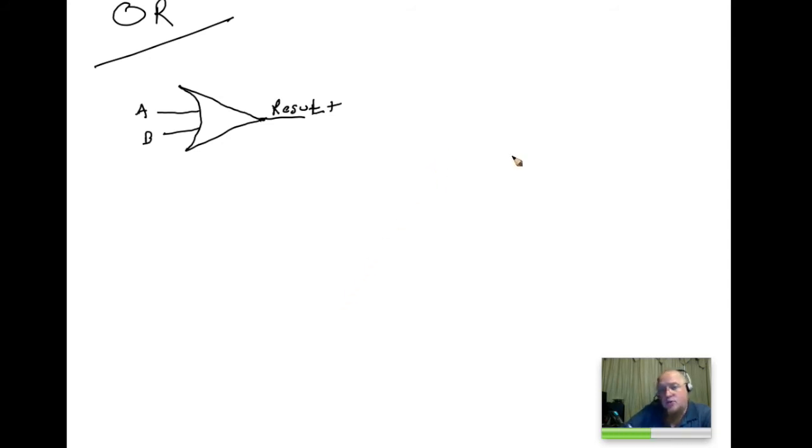So I like to draw something a little more visual, like a little light circuit, to help me understand. I'm a visual person, so I like nice little pictures. So this is the picture that I come up with, A and B, when I'm talking about OR gates.